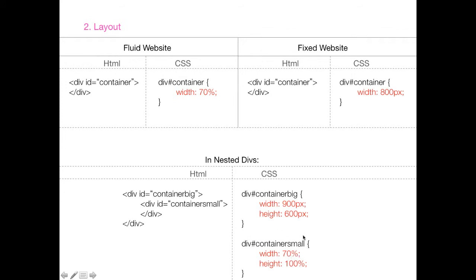It means 70% of the parent div, which means 70% of the 900 pixels. So this example at the bottom is not a fluid example, it's a fixed example. We just happen to be using the percentage value, but as long as the parent has a fixed value, which is in pixels, then it's a fixed layout.